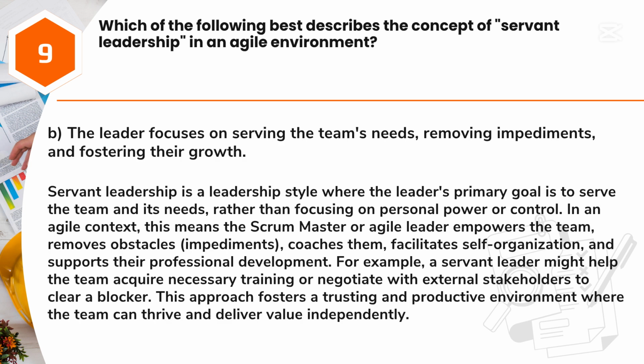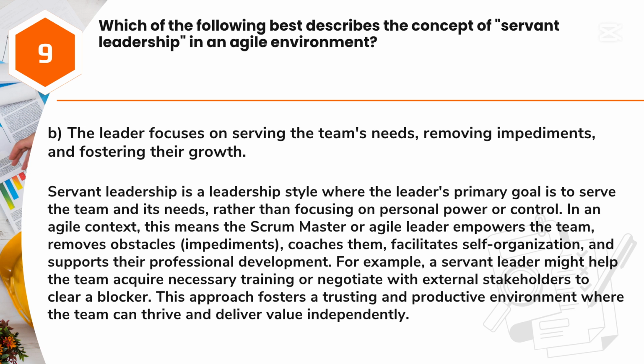Answer: B. The leader focuses on serving the team's needs, removing impediments, and fostering their growth. Servant leadership is a leadership style where the leader's primary goal is to serve the team and its needs, rather than focusing on personal power or control.